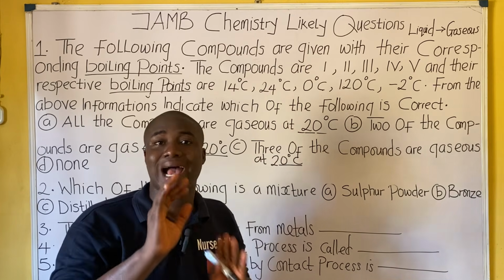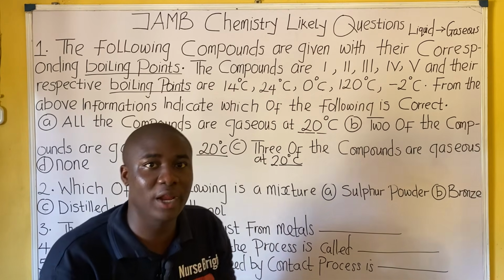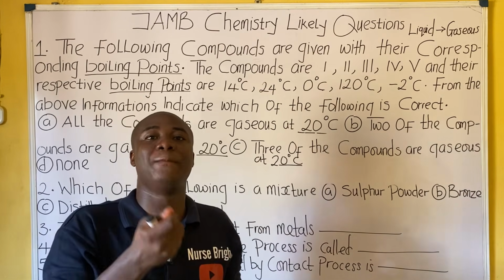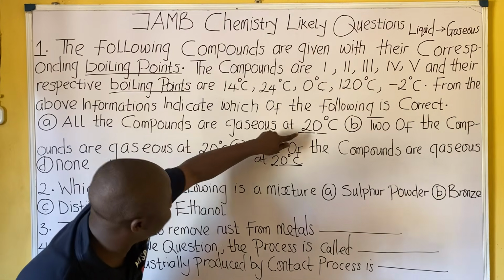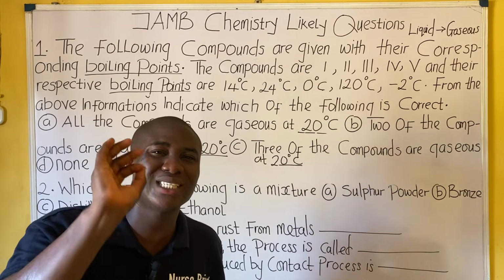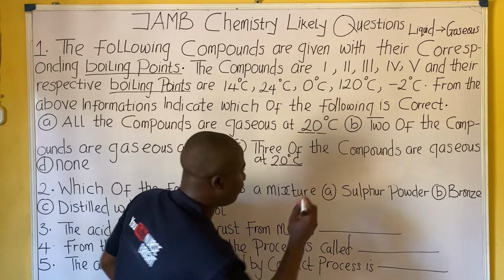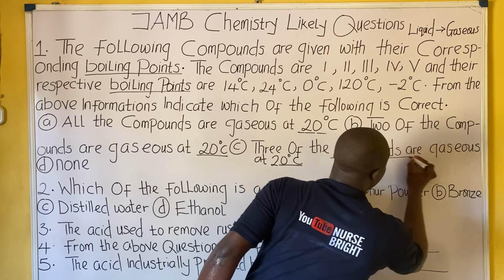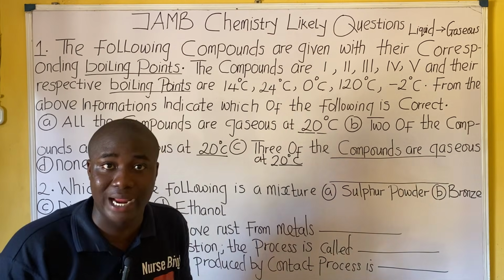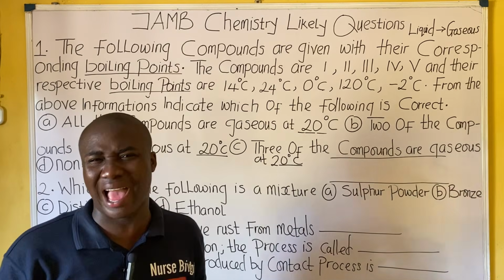So I'll be using an analogy to explain how to know the compound that will be gaseous at this temperature, 20 degrees Celsius. It's very simple. Just listen carefully. Let's say this is a track race, and I believe you know that every track race has a finish line.